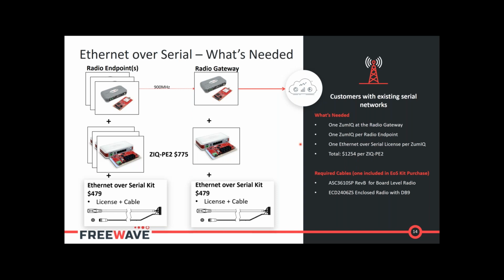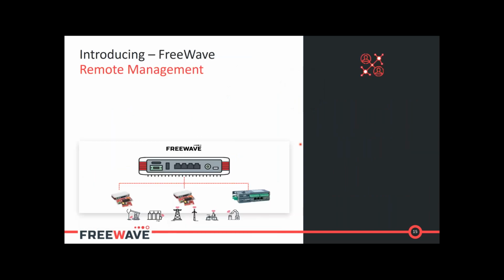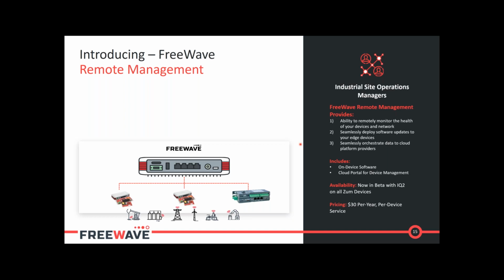So with that, we're going to move on to FreeWave Remote Management. FreeWave Remote Management is a new feature from FreeWave that takes our existing networks and existing devices and adds some new capabilities to it.